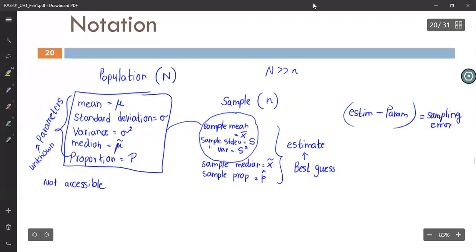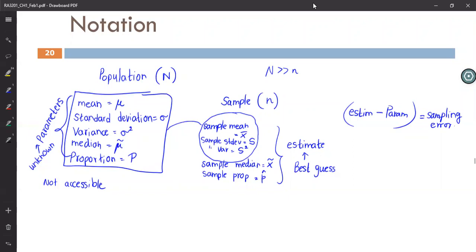If your sample is very good, the sampling error will be very small. That is our whole idea: to design your study so you get a very good sample, which is a very good representation of your population.